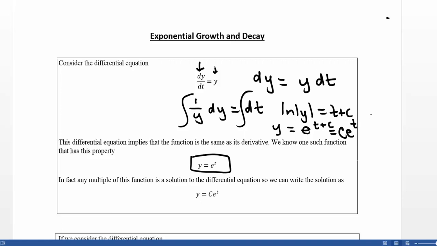So we see that not only is e to the t a form that solves this differential equation, but any c e to the t will solve this, because we know if we take the derivative with a constant in front, the derivative is the same.